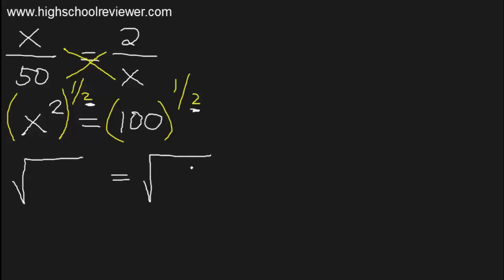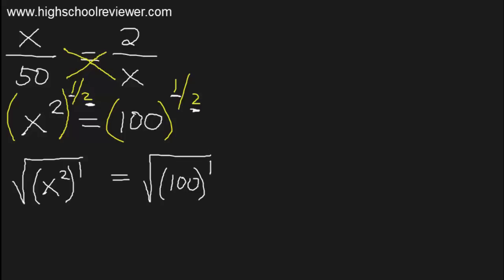So we will have 2 square roots, and our base here will be x squared. Its exponent will be the numerator, and that is positive 1. Our base here will be 100. The exponent will be the numerator, which is positive 1.